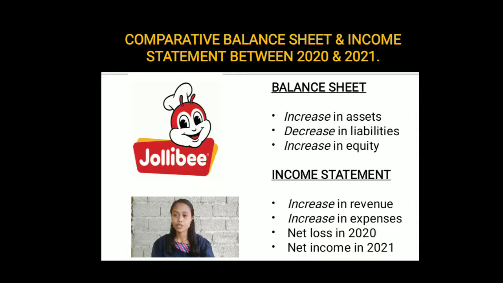Let us first have the comparative balance sheet and income statement between 2020 and 2021. For the balance sheet, there is an increase in assets, decrease in liabilities, and increase in equity. For the income statement, there is an increase in revenue, increase in expenses, and there is a net loss in 2020 and net income in 2021.